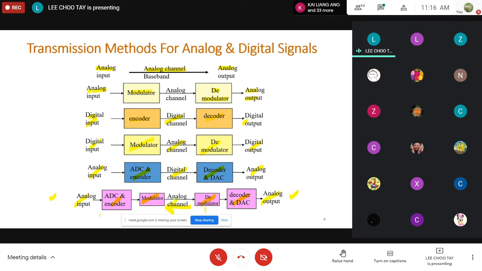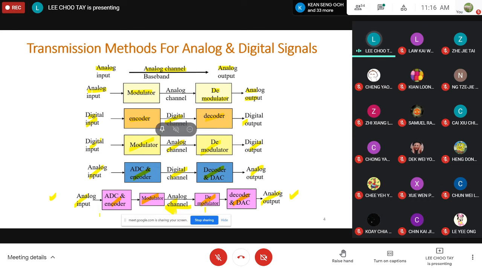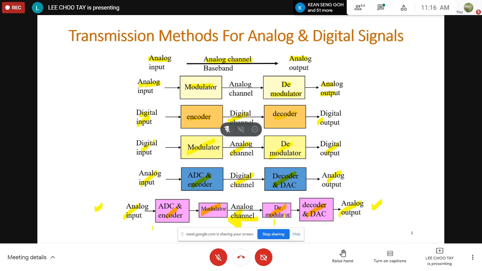In the past, communication was mostly one way, but nowadays a lot of communication is two way. Therefore, your channel and your communication system must be able to take care of communication in two directions.